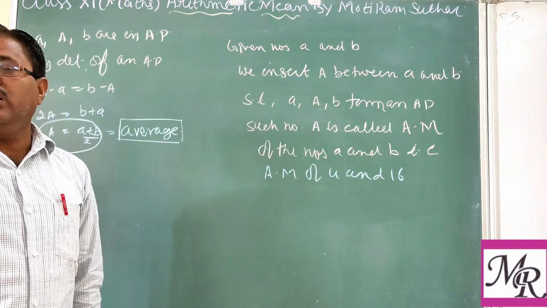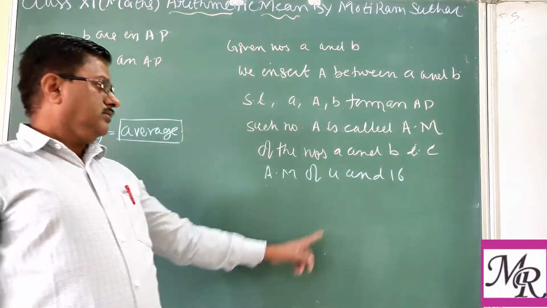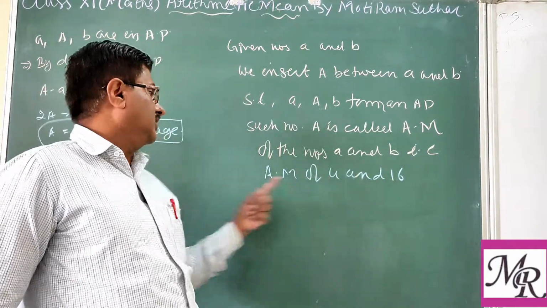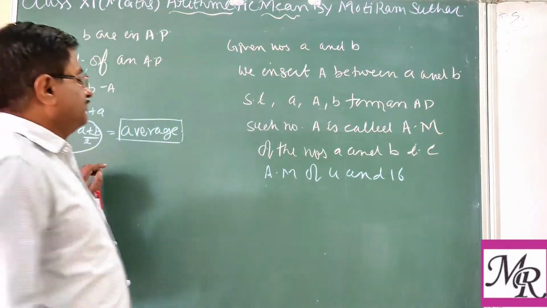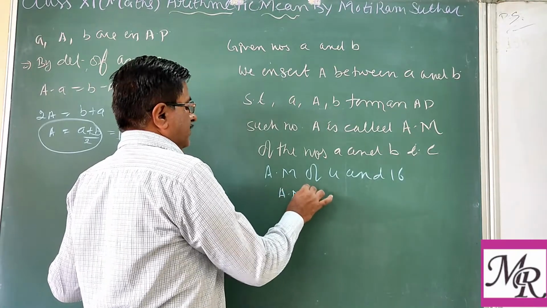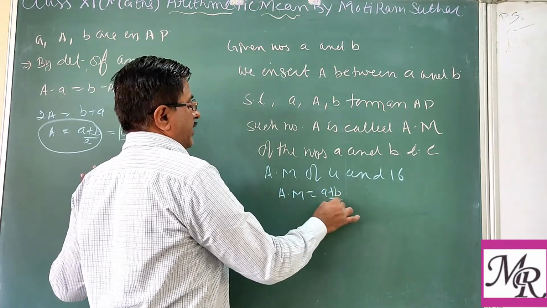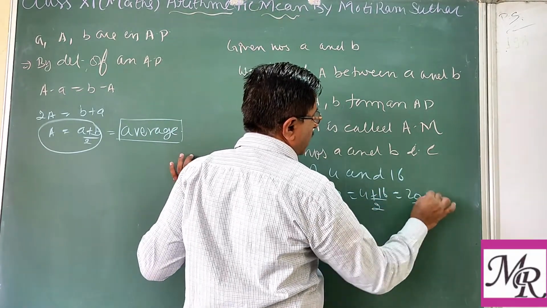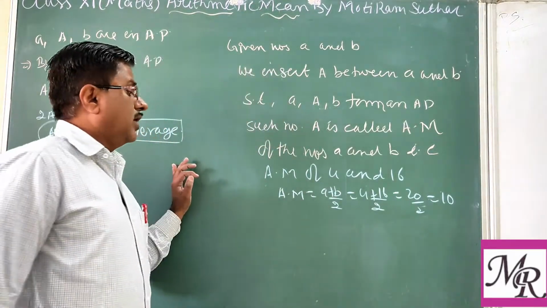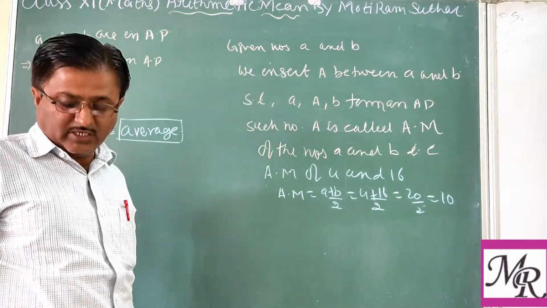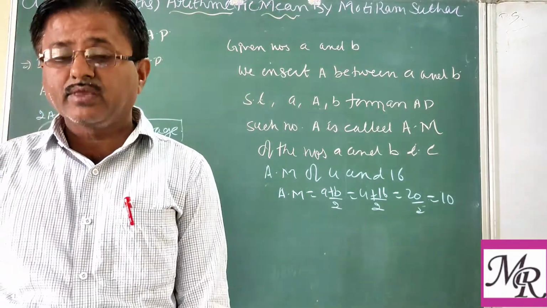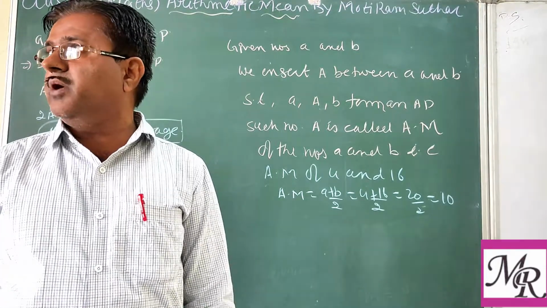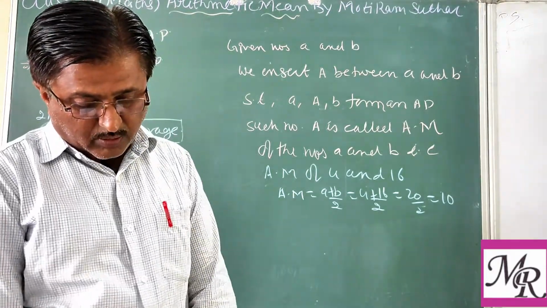Here a equals 4, b equals 16. So AM equals the sum of the numbers divided by 2, 4 plus 16 by 2 equals 20 by 2, that is 10. So the arithmetic mean of 4 and 16 is 10. Clear? In this way one can easily find the arithmetic mean of two numbers.